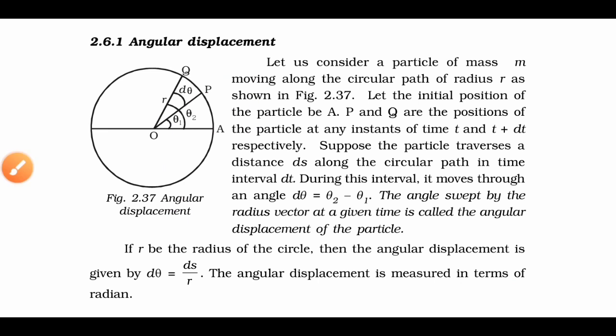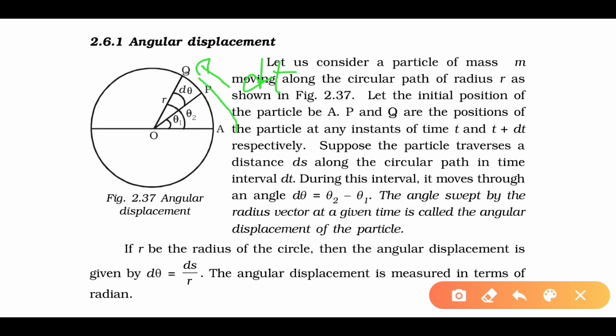Now the object is moving from point P to Q. It will take time dt. Okay, now in this case the angle made with the initial point to point Q will be theta 2.